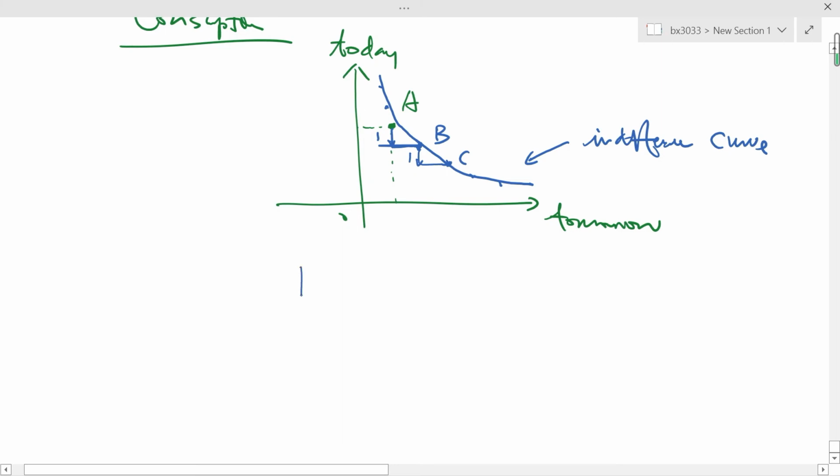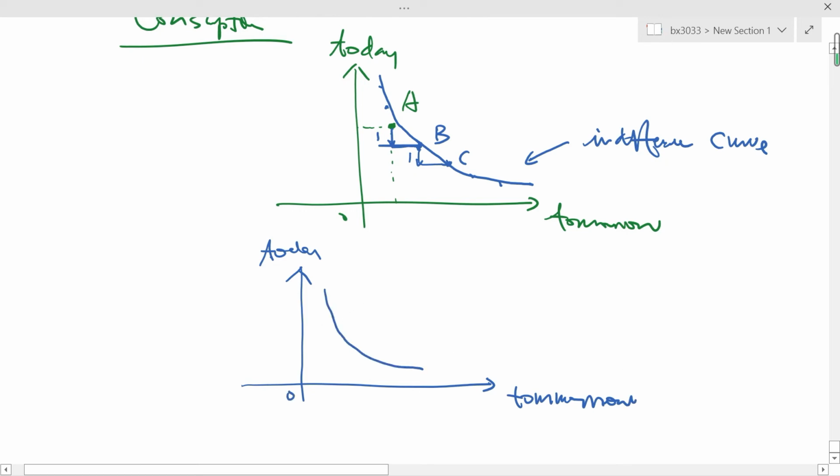To see this, let's say we are on this indifference curve, and let's say we start from A. From A, I'm going to cut today's consumption by 1 unit and increase tomorrow's consumption by X units.